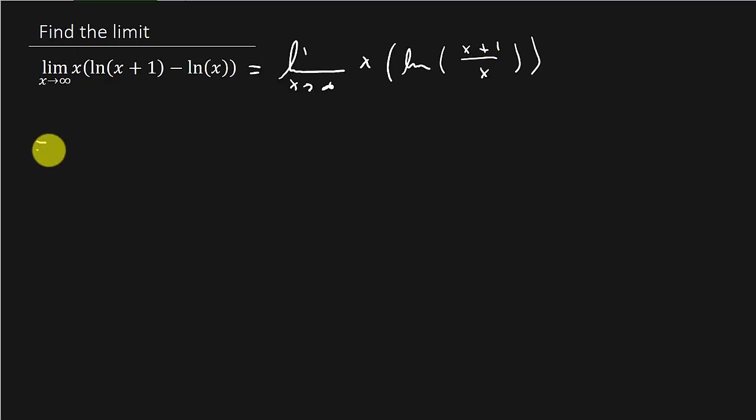So now we have the limit as x goes to infinity of x times the natural log of 1 plus 1 over x. This would be x over x plus 1 over x, and x over x is 1.